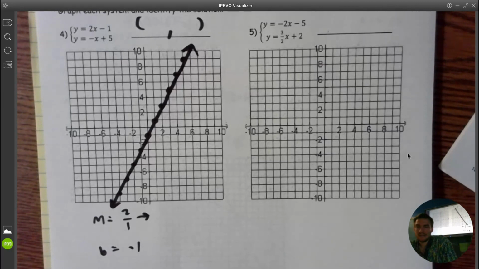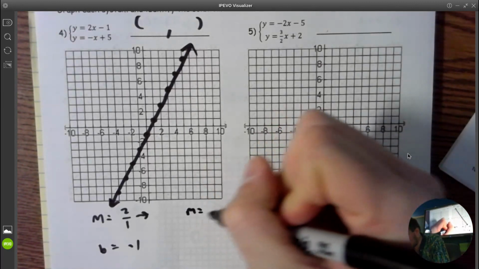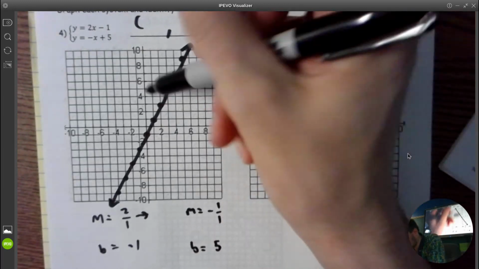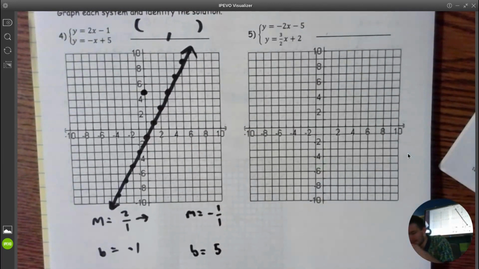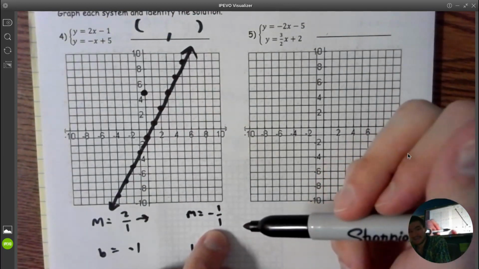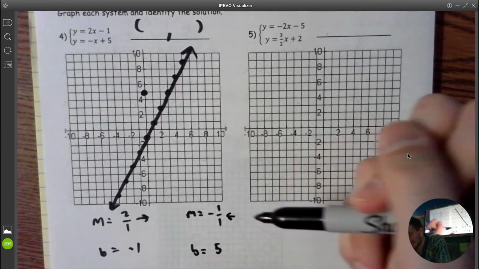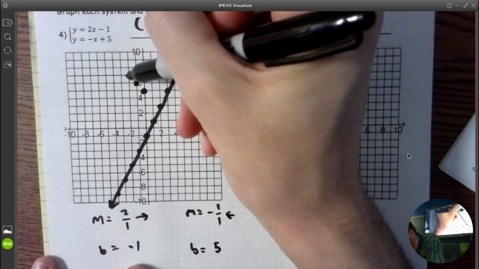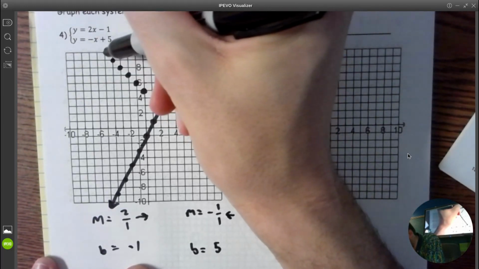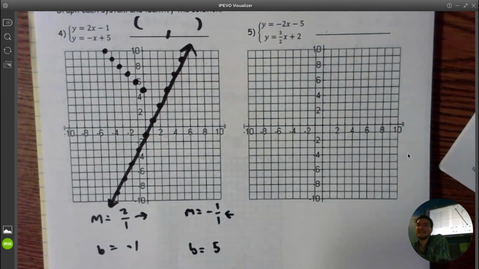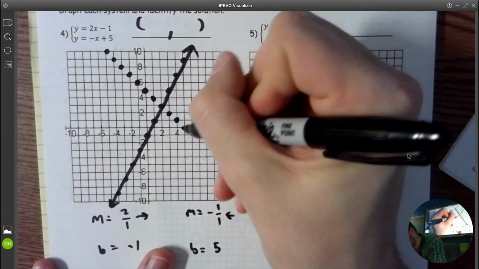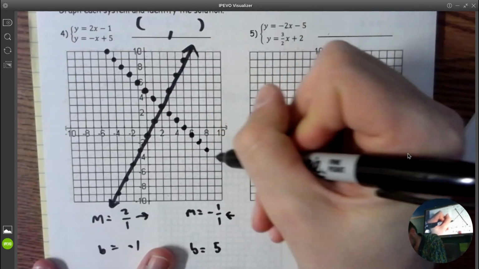Go ahead and draw a line like that, and then our second one is going to be m equals -1/1 and b equals 5. Start at 5. And this time with the negative, I should be traveling left for my run. So my rise is 1, my run is 1. Again, it's a good idea to extend those dots as much as you can until you see that perfect intersection.